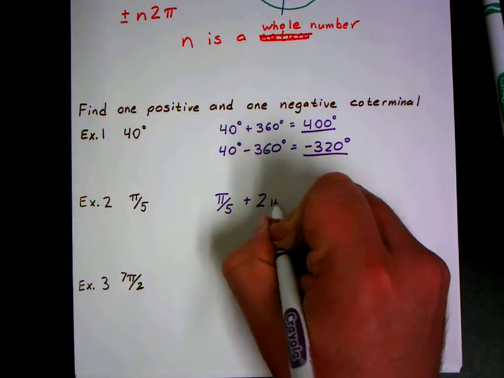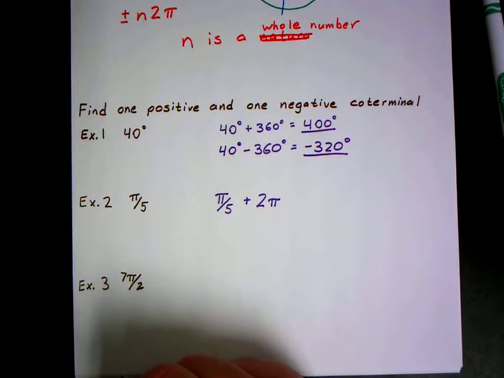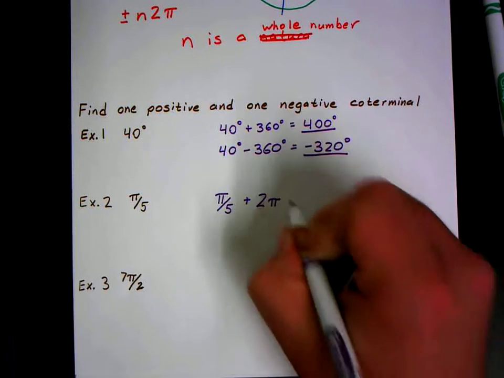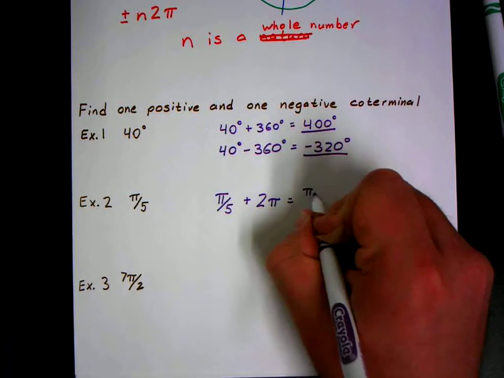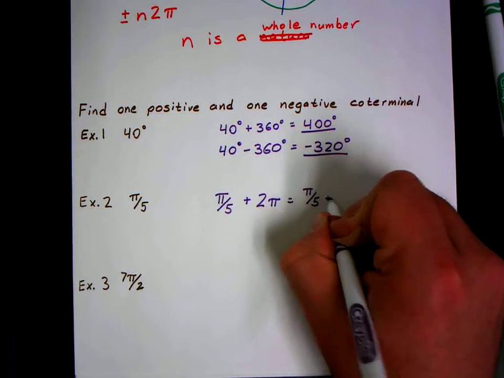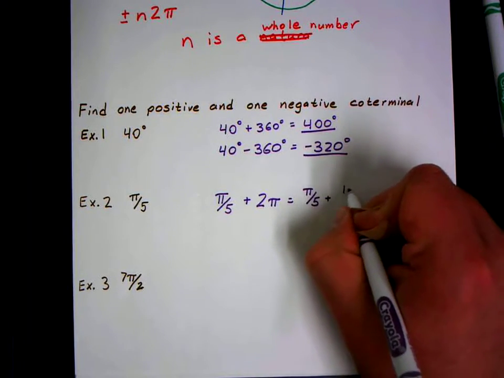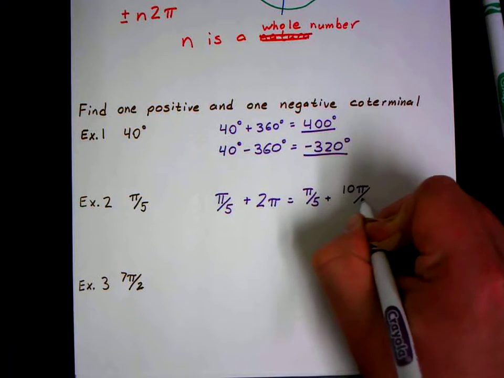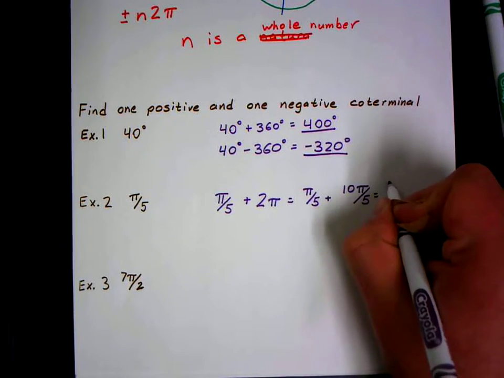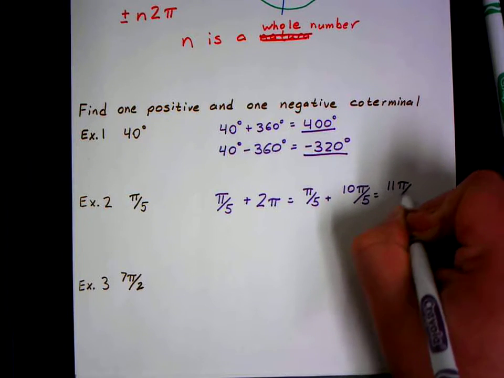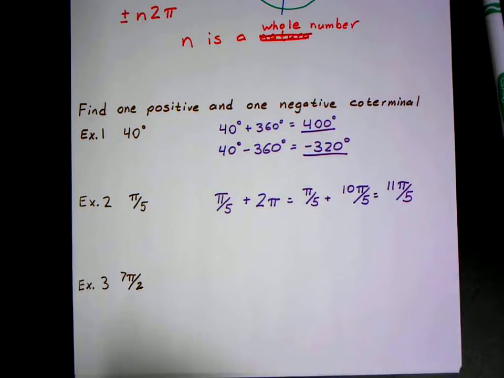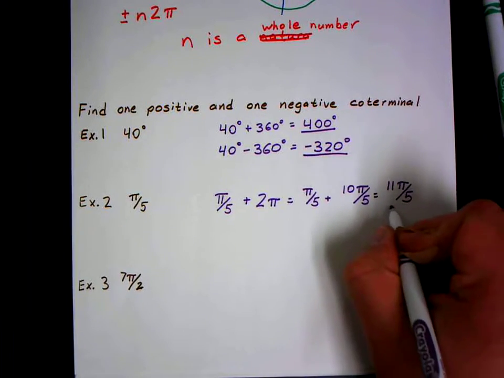So I would add 2 pi. Now, since I'm dealing with fractions, I need that to be in fifths, so 2 pi would be the same thing as 10 fifths. So I get 11 fifths.